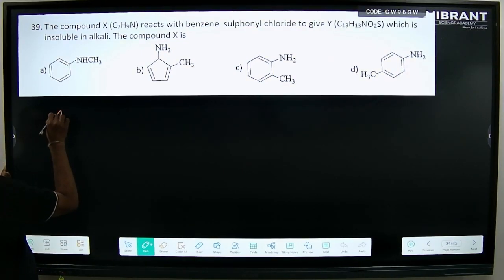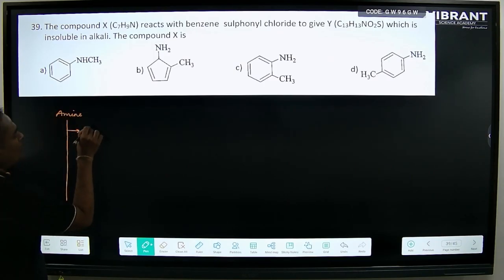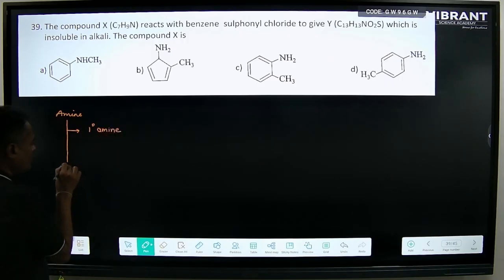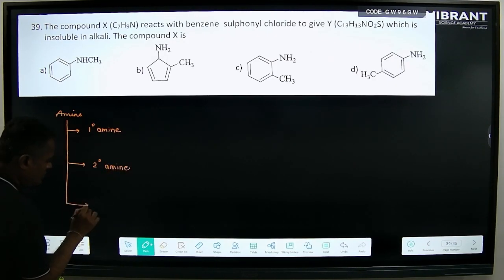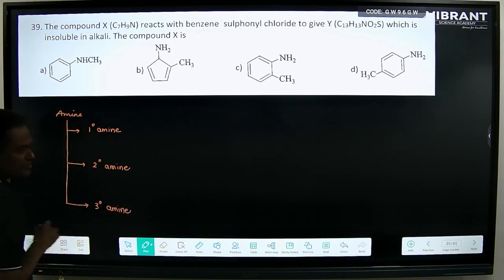Suppose I have got amines over here, which amine? Let us see. Suppose you have got a primary amine, or you have got a secondary amine, or you have a tertiary amine. Now, let us see how all three will do the process.